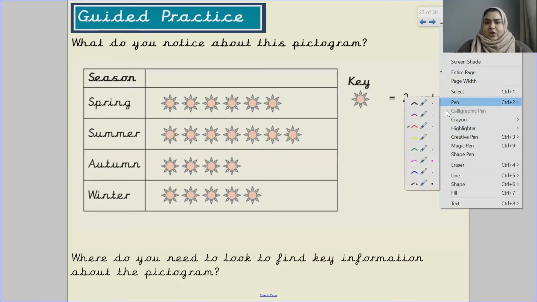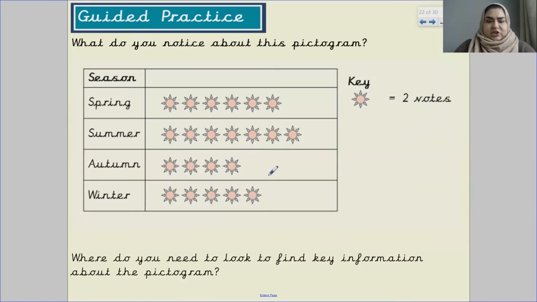Fantastic. So what do you notice about this pictogram? With this pictogram, you have your columns and your rows. Your columns show you basically your headings, so what the information is about, and then it shows you pictures to represent the information.